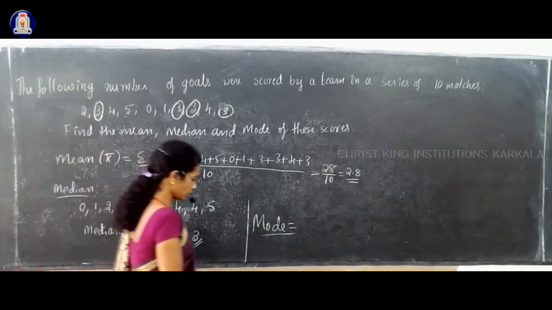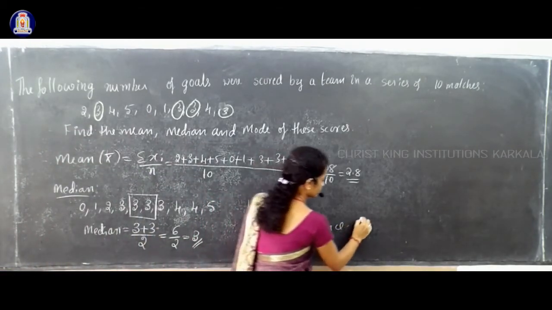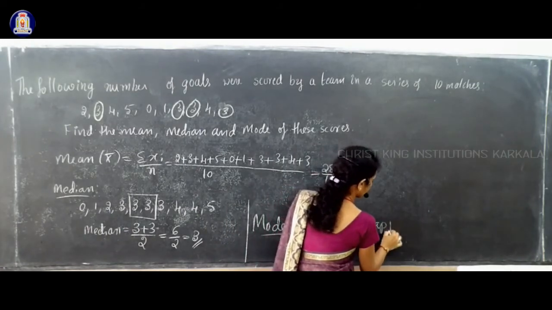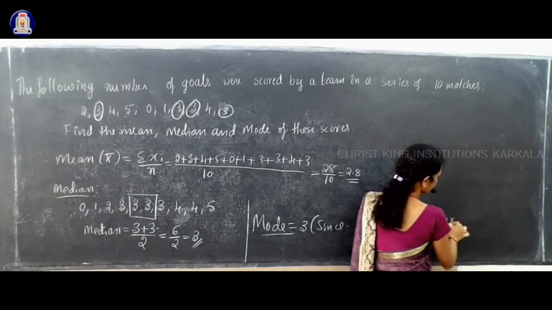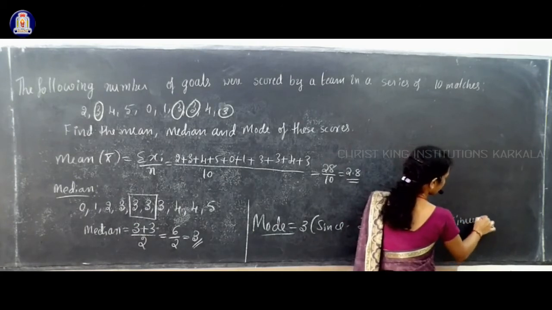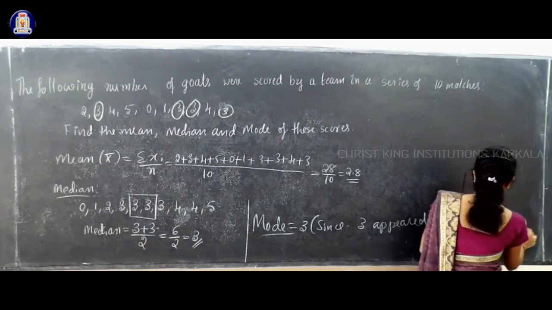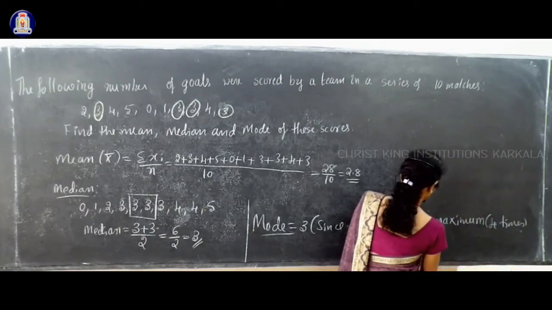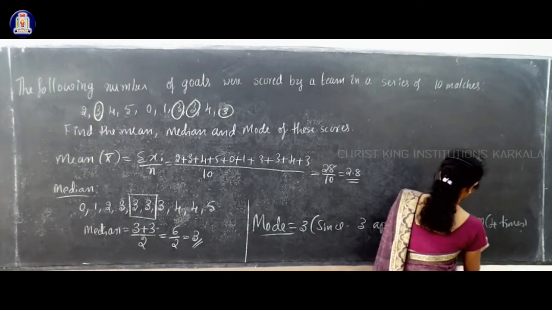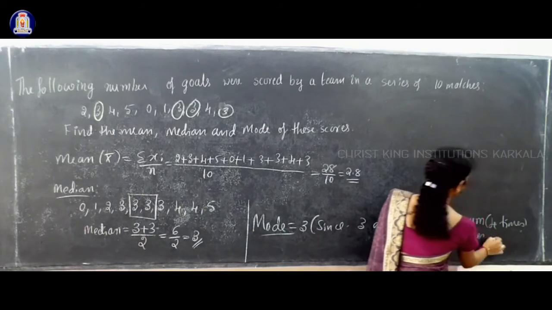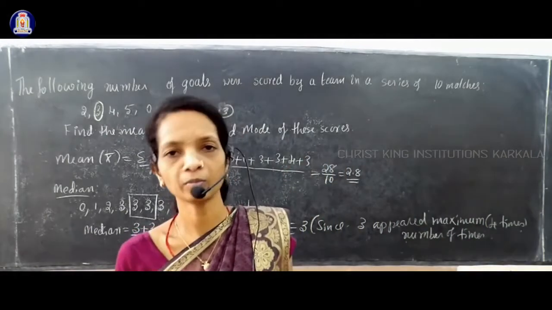Mode is 3, since 3 appeared the maximum number of times, 4 times. So like this, you have to answer for mean, median and mode questions.